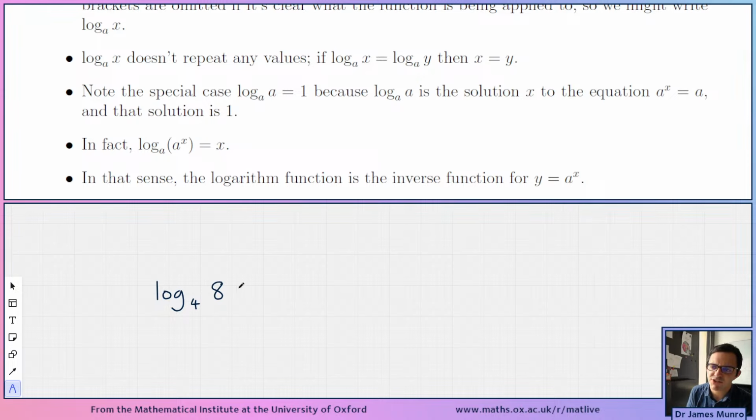Some people put brackets around the 8 just to make it really clear which bit's subscript and which bit's the base, so that nobody thinks it's log 48, for example. Log base 4 of 8. One way to read this is the number which you'd raise 4 to get 8. Another way of writing this is to say that it's x, where 4 to the x is 8.